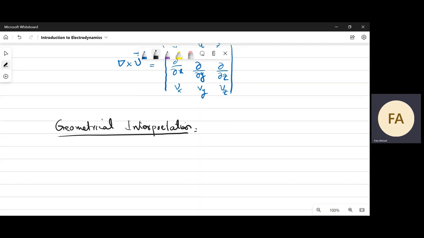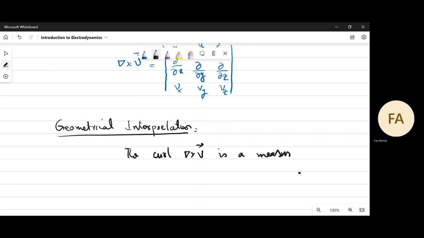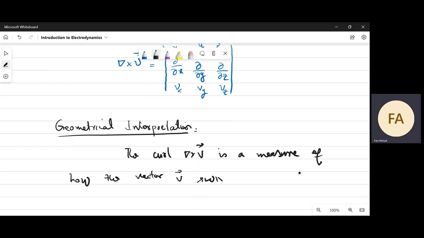In fact, the curl, as per the name, is a measure of how the vector V swirls around the point in question. So the curl, del cross V, is a measure of how the vector V swirls around the point in question.